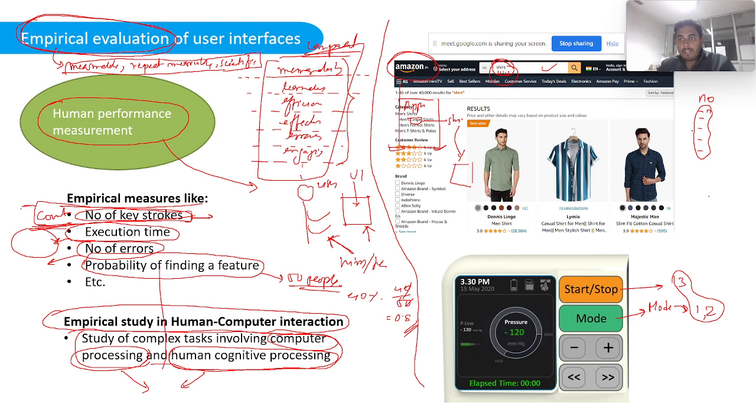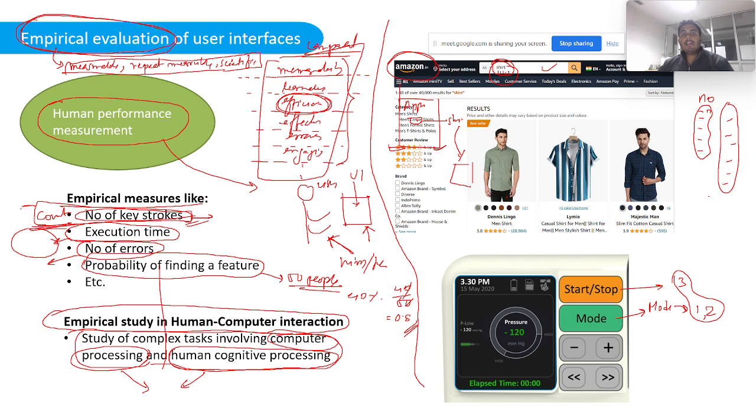So you need to identify, by counting the keystrokes, which is the most appropriate way or which is the faster approach to do this particular activity. That's how counting the number of keystrokes will help in identifying the measure like efficiency.